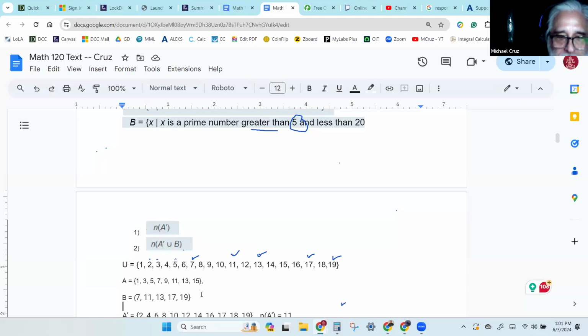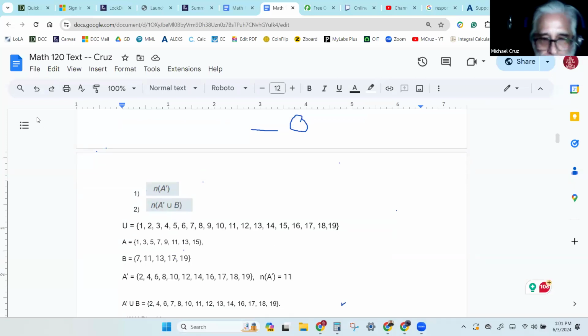All right, so that's what this is here. The first thing we want to find is the number of elements in A prime, A complement. Well, A complement is just what's not in A. So the way I do it is sort of like this, especially if I can actually write on stuff.